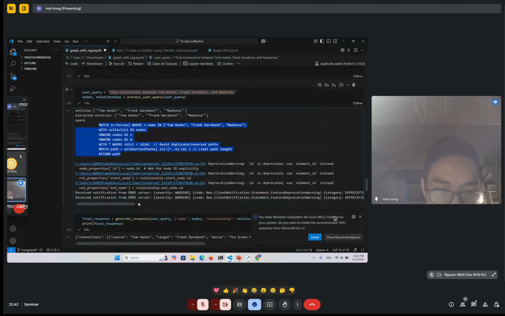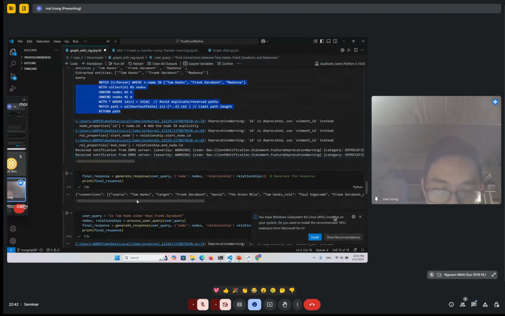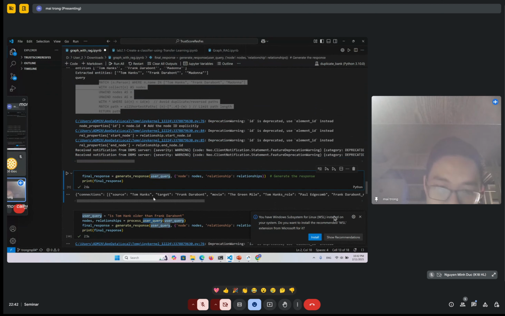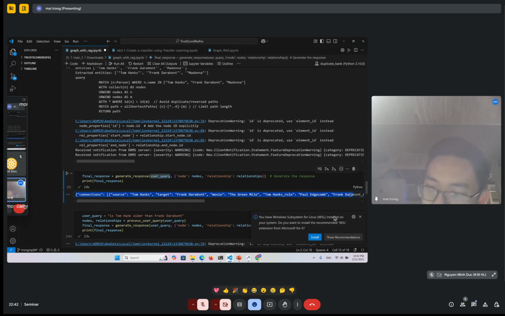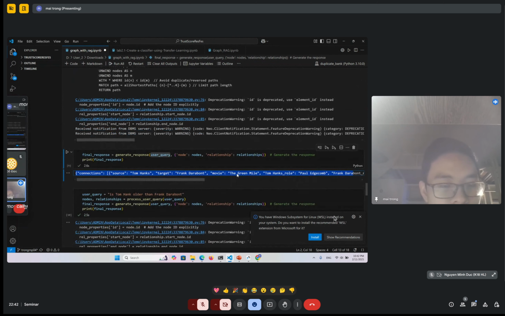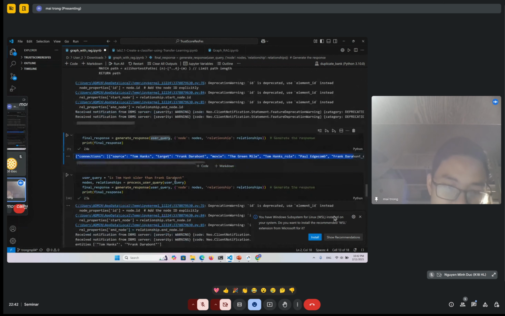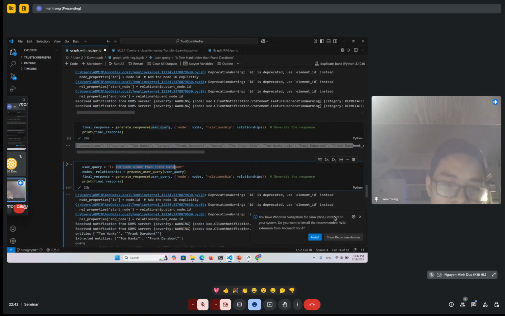After getting the information, maybe this is because I asked them to find the connection, so in the last answer, they built this connection for me. But if I ask more detailed questions, like is Tom Hanks older than Frank?